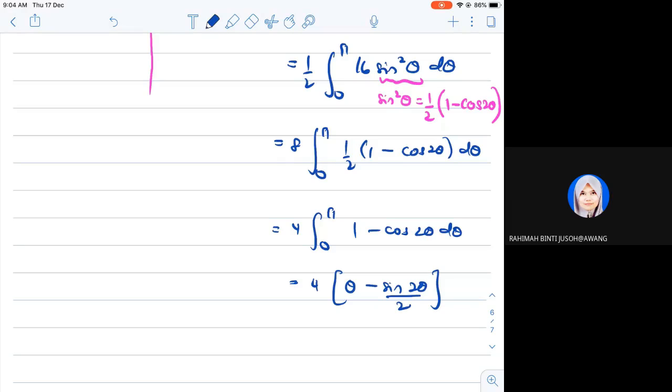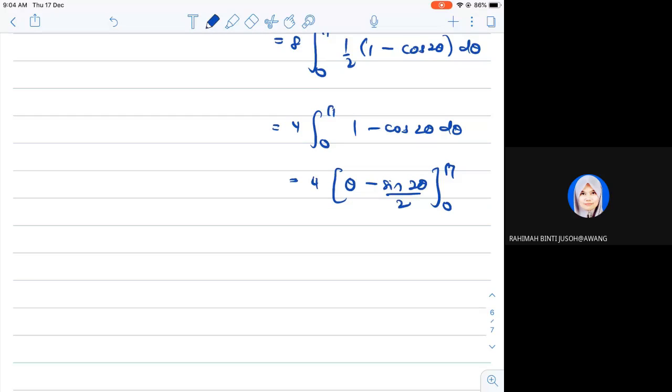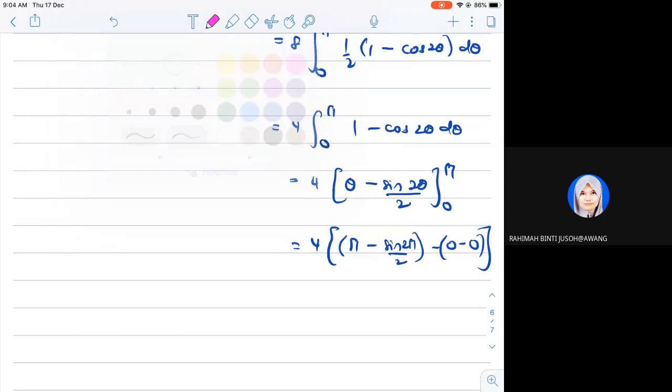So we will have 0 until pi. Therefore, we have 4 times pi minus sine 2 pi over 2, minus 0, minus sine 0, also 0. Okay, so sine 2 pi also 0. So the answer is 4 pi.